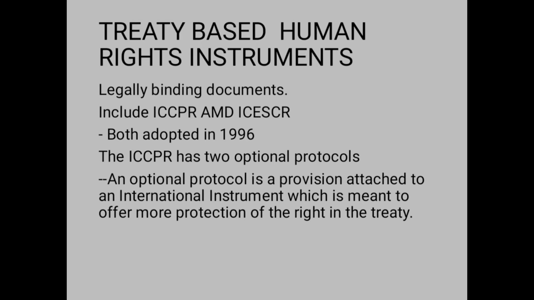I've talked about the UDHR, the Universal Declaration of Human Rights. So we now talk about the other 2 documents, the Treaty-Based Human Rights Instruments. The UDHR is known as the Charter-Based Instrument. Then the other 2 are known as the Treaty-Based Human Rights Instruments.